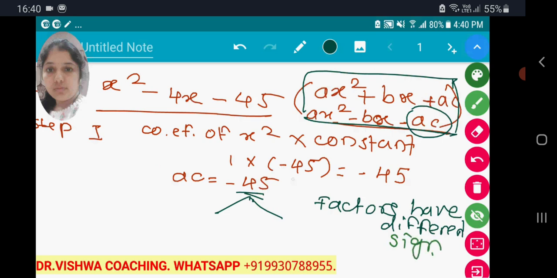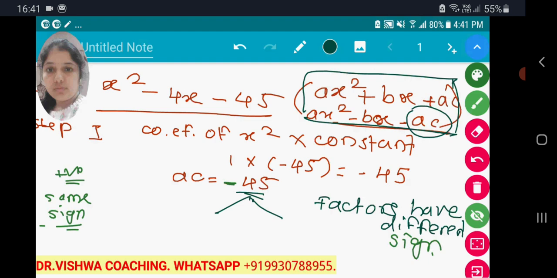If this multiplication is positive, then the factors have the same sign, either positive or negative, because negative multiplication gives us a positive result. And positive obviously gives a positive one, but here the product ac is negative.